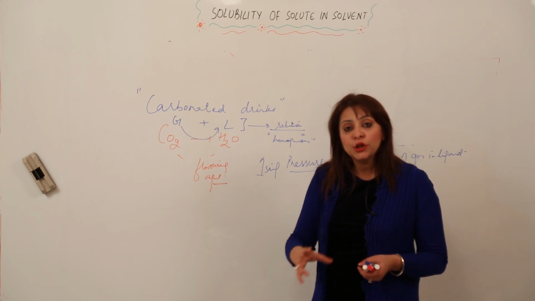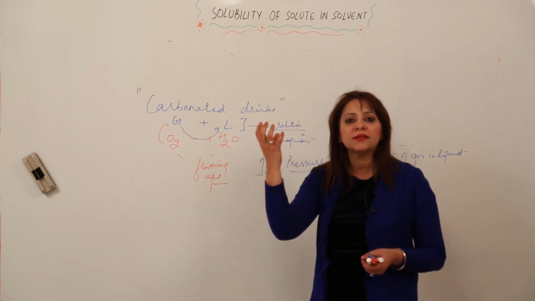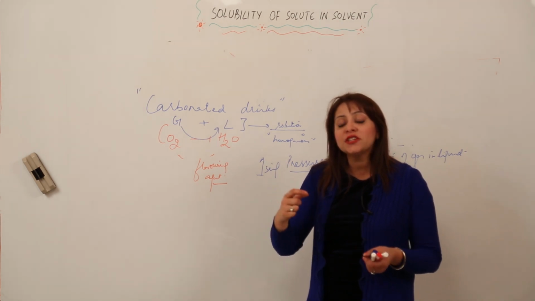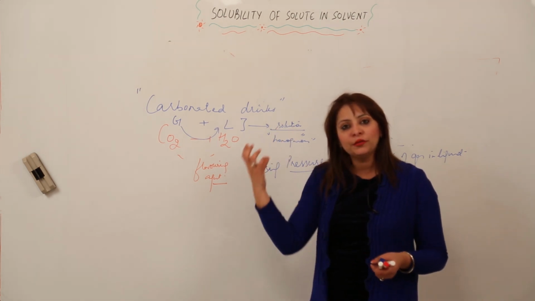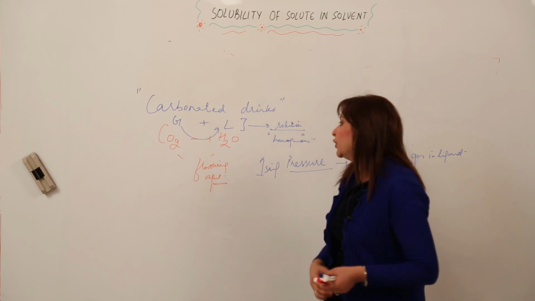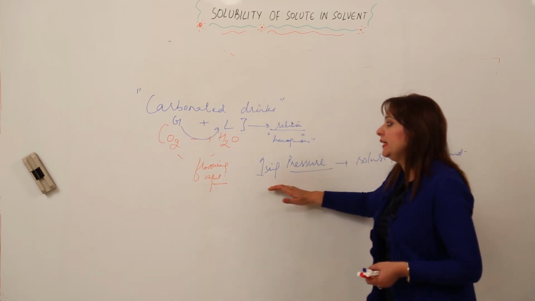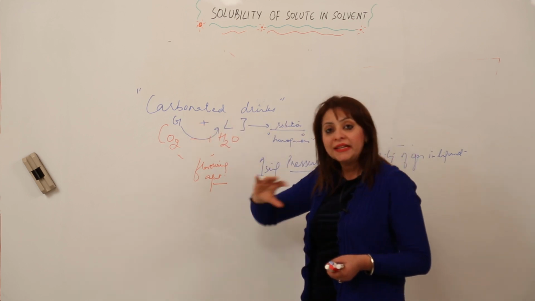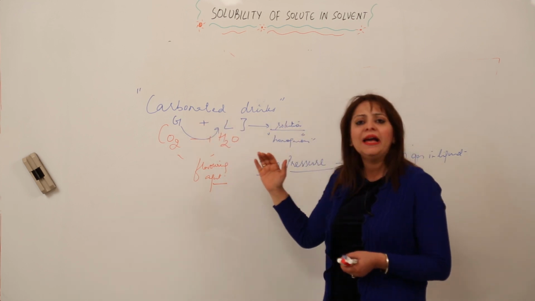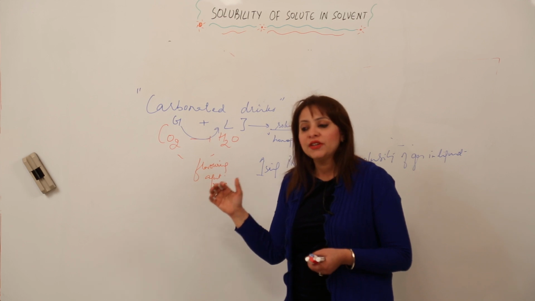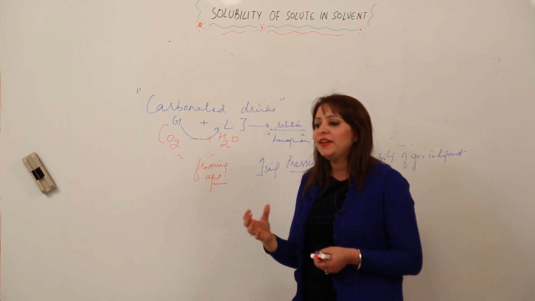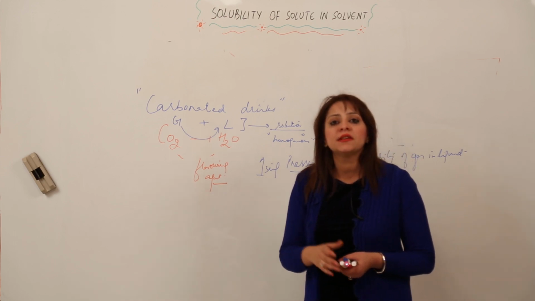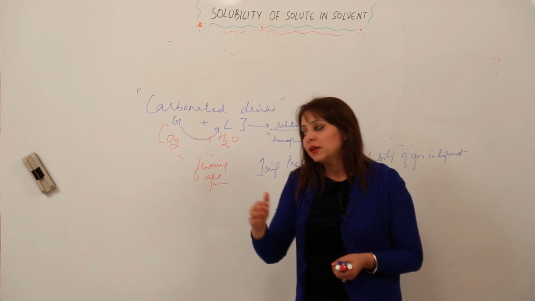And what happens? CO2 just escapes through that water in the form of fizz. That is why, whenever you open it, you get to see gas coming out from the cold drink, right? So by increasing the pressure, the solubility of gas in liquid increases. It is also stated in higher classes by Henry's law, which states that the mass of gas dissolved at a given temperature in a given liquid depends upon the pressure.